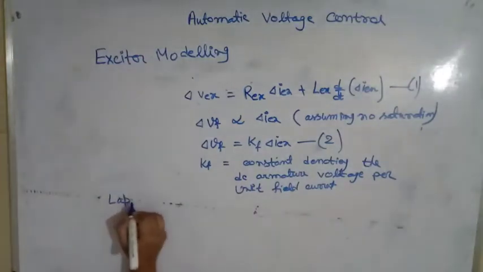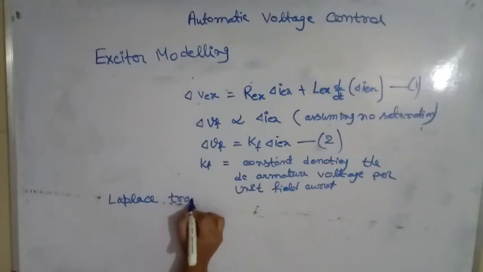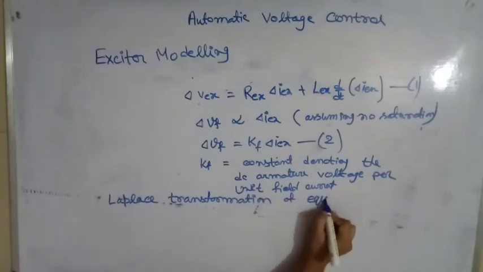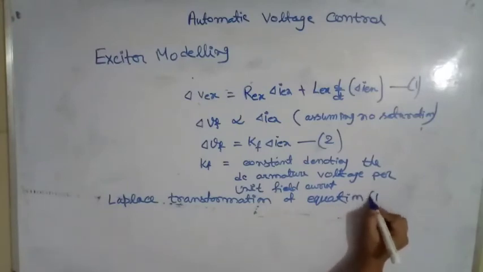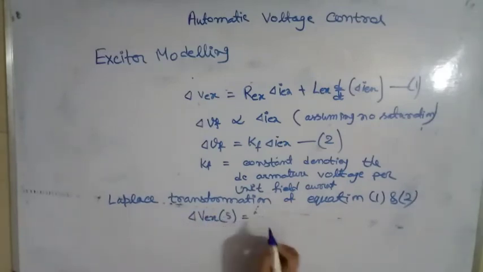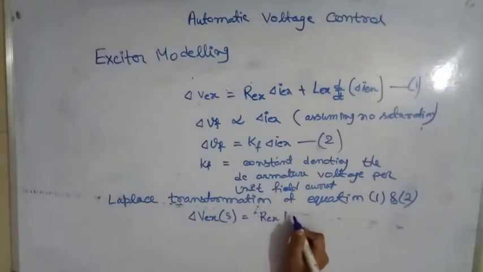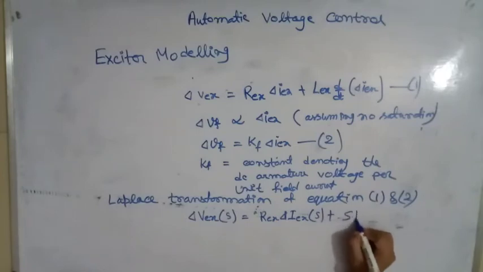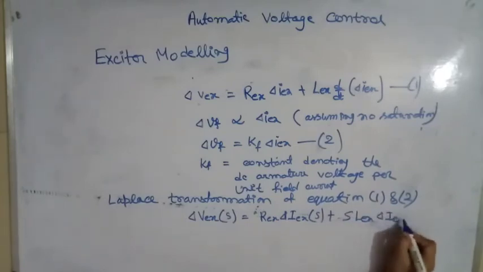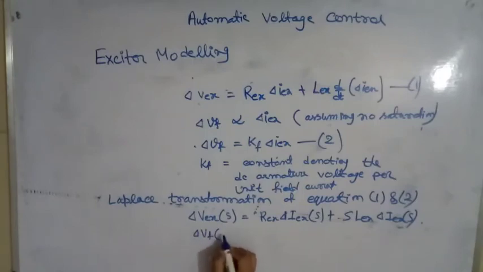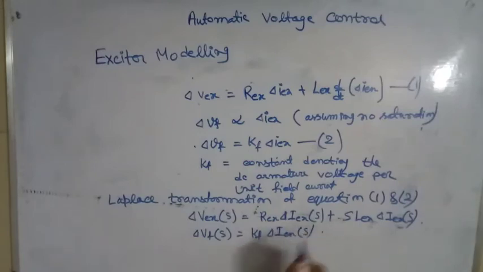Now Laplace transformation of equations 1 and 2 gives delta Vex, with S for the derivative, and the Laplace transformation of equation 2 is equal to Kf delta Iex(S).